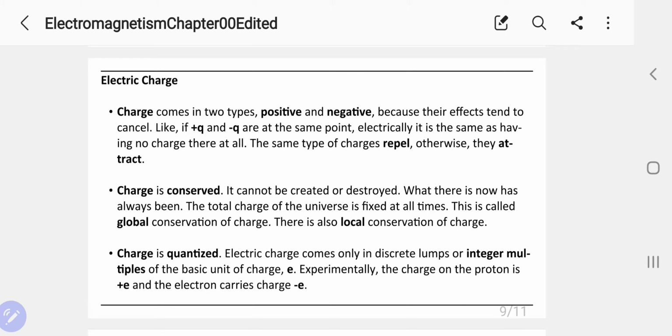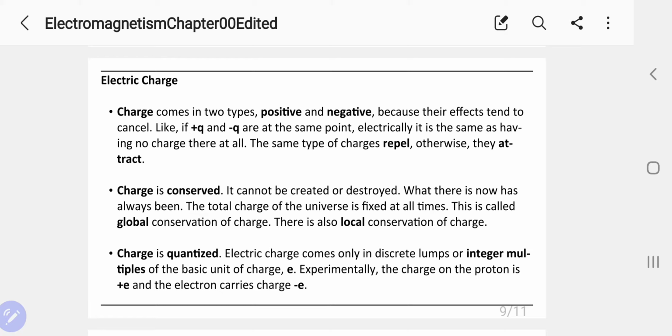Another fact about charge is that it is conserved. It cannot be created nor destroyed. This is called the conservation of charge. There's what we call global conservation of charge of the universe. The charge of the universe is constant, it doesn't change. But there's also local conservation of charge.